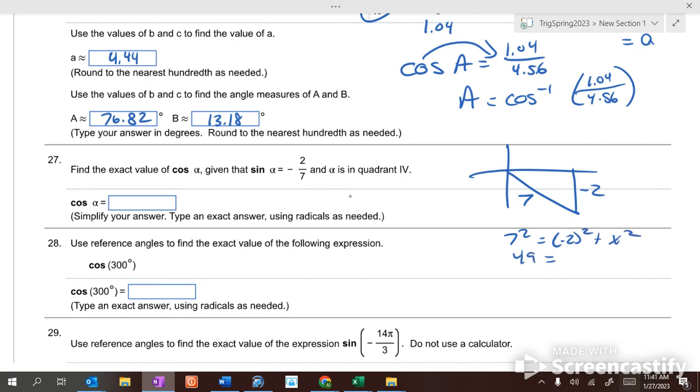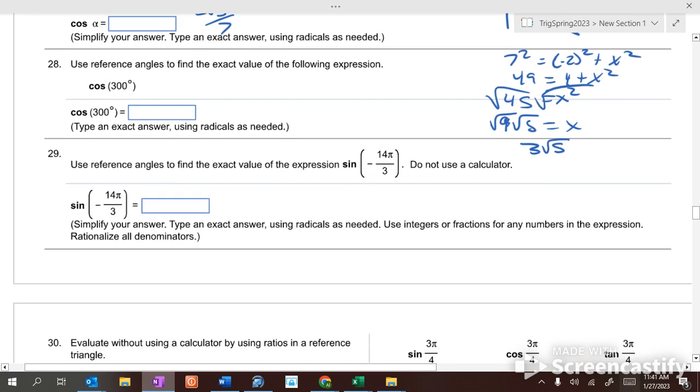So 49 equals 4 plus x squared. X squared equals 45. Take the square root of that: the square root of 9 times the square root of 5, or 3 square root of 5. So this side's 3 square root of 5. So the cosine of A is 3 square root of 5 over 7. And it's positive because in quadrant 4 cosine is positive, because we're going to the right.